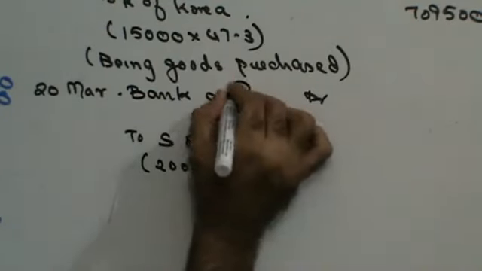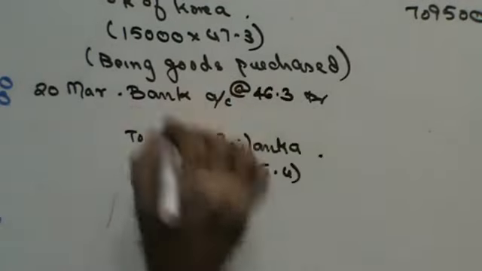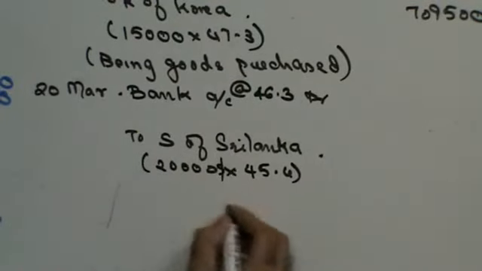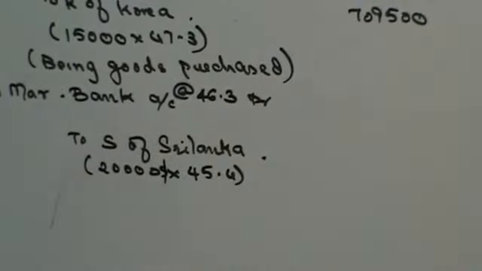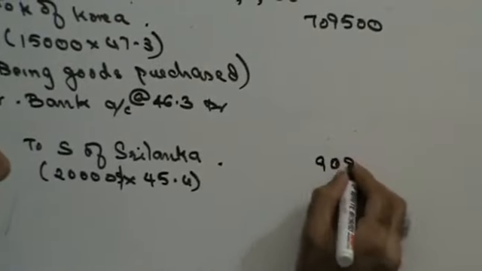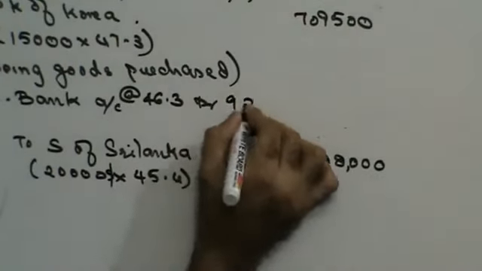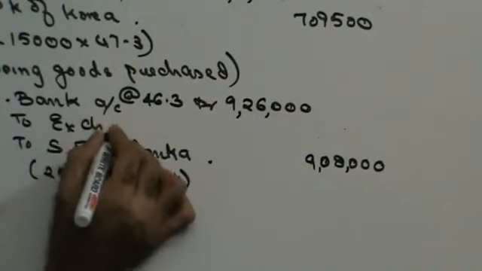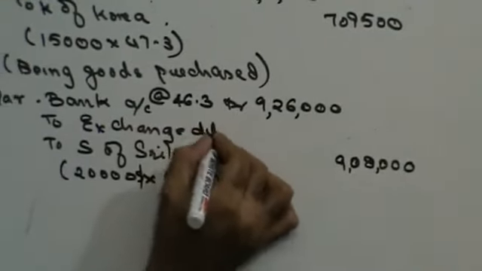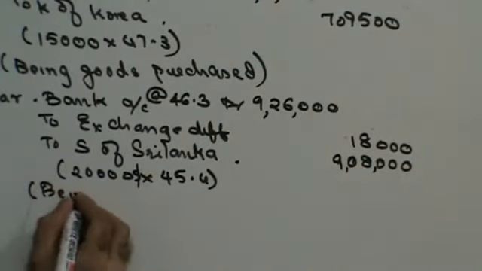On the date of payment, the rate has become 46.3. Someone do $20,000 into 45.4 and 46.3. 45.4 is 9 lakh 8,000. 46.3 is 9 lakh 26,000. The difference will be called exchange difference. How much is the difference? 18,000. Being payment received.